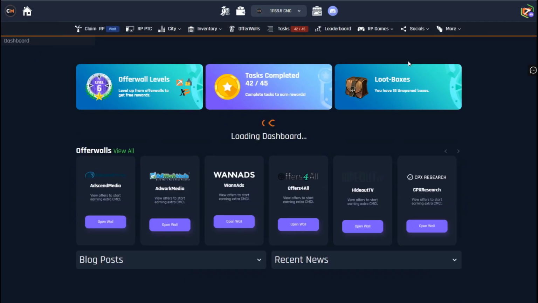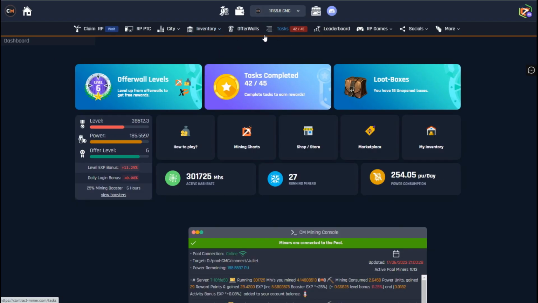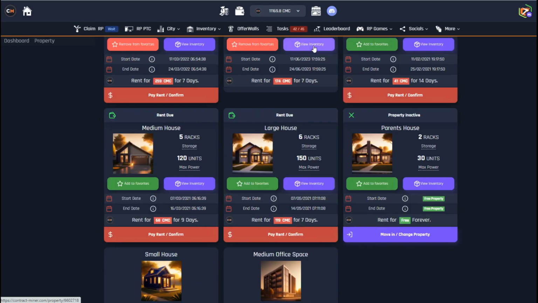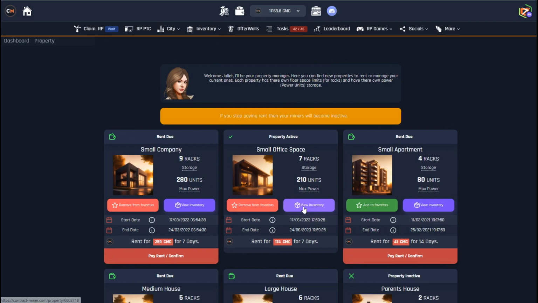So at that point, I think I've still got space. If we go to City, go to Property, where are we? So here, this is us, small office.